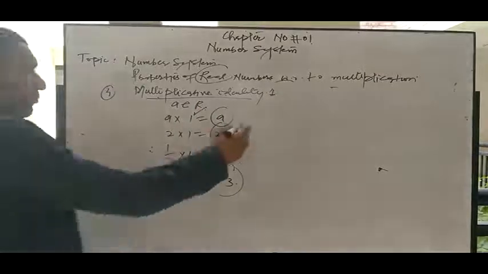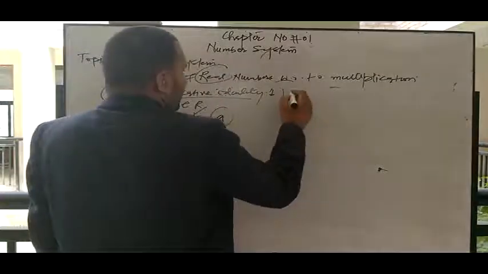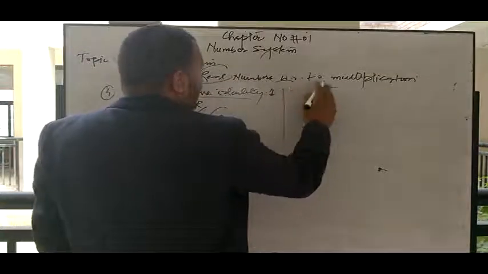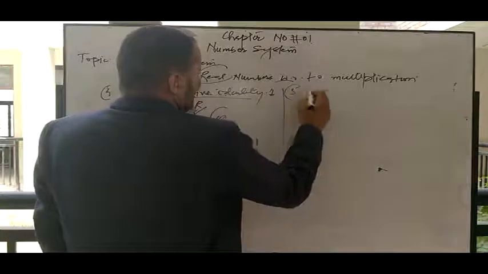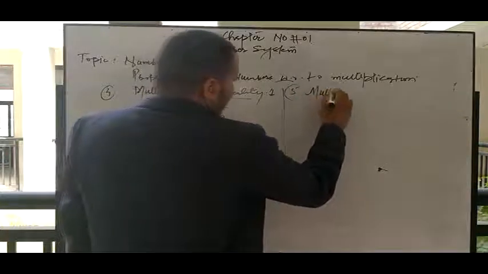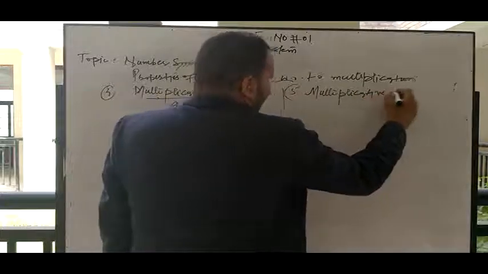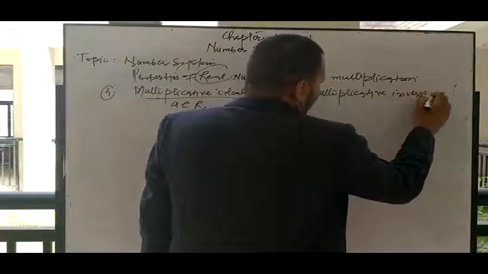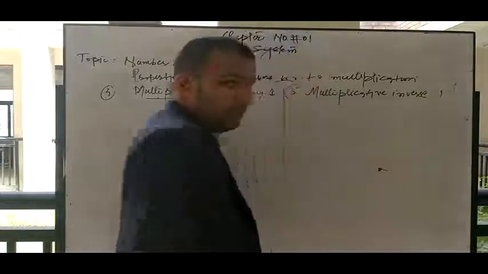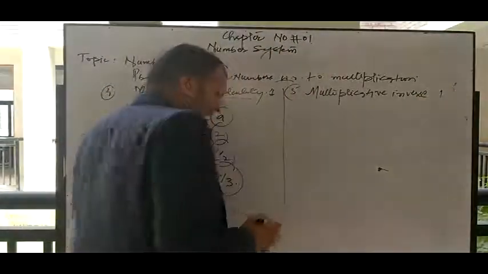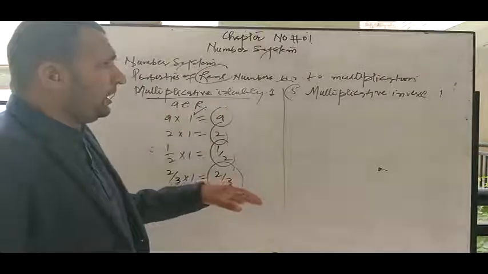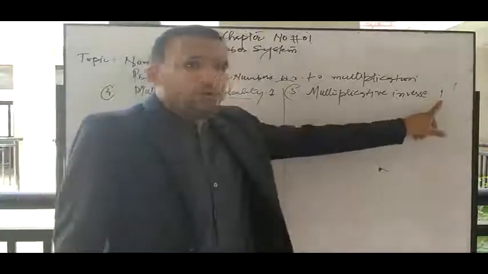Again the fifth part is a property of real numbers with respect to multiplication, the multiplicative inverse. Again the multiplicative inverse gives the answer 1, because we multiply any real number with its inverse, and the answer is equal to 1.